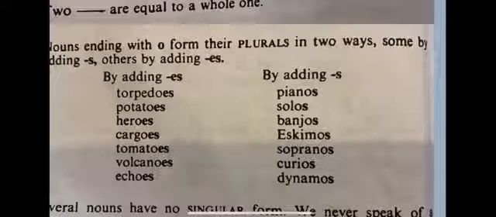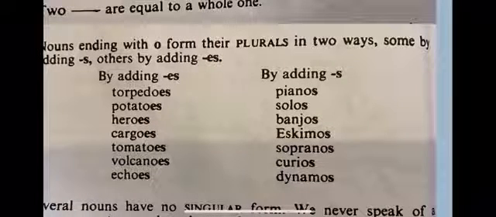Then the next one is banjos. Banjo is also a musical instrument. It looks more like a guitar. So the plural form is banjos. Then Eskimos. Then sopranos. There are many meanings of sopranos as well.